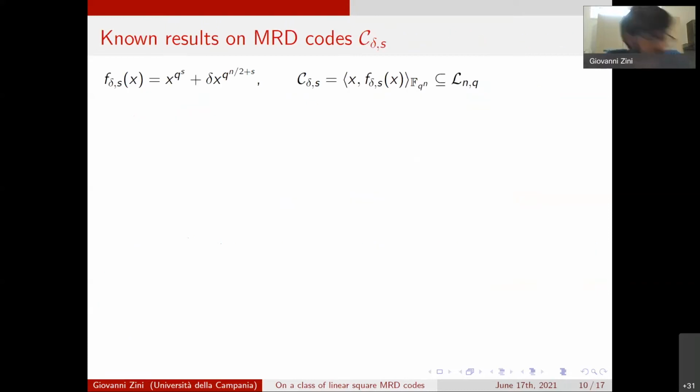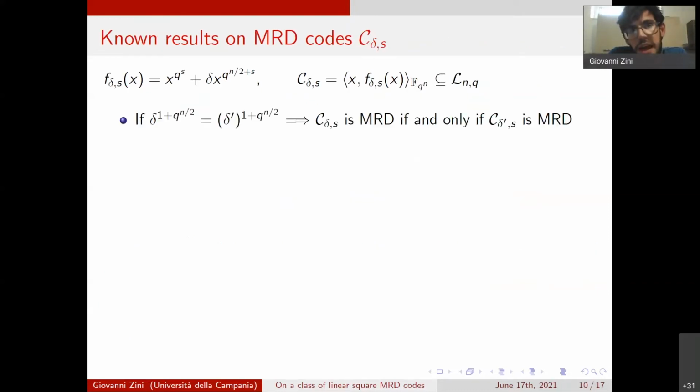Okay, what is known about the MRD properties for these codes? Well, firstly, it is very well known that the property of being MRD does not really depend on delta, but rather on its norm, delta to the 1 plus q to the n/2.